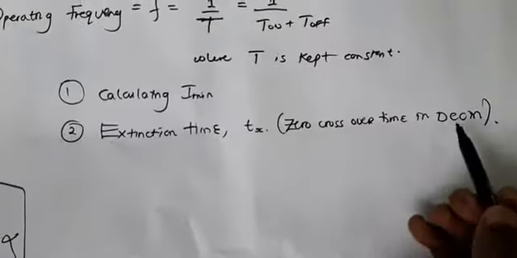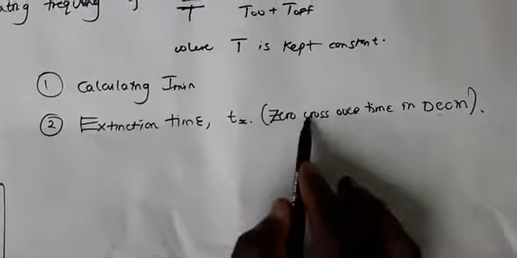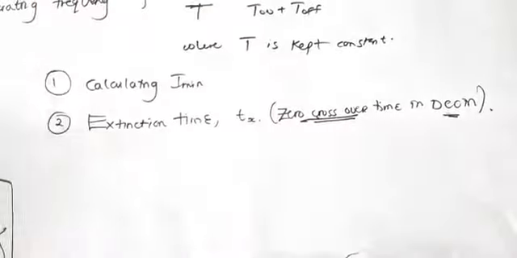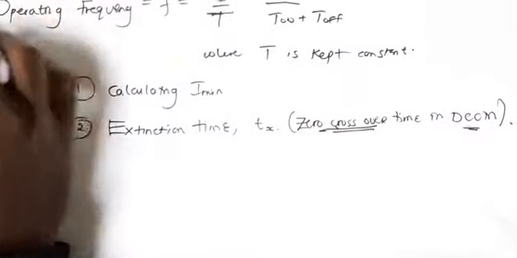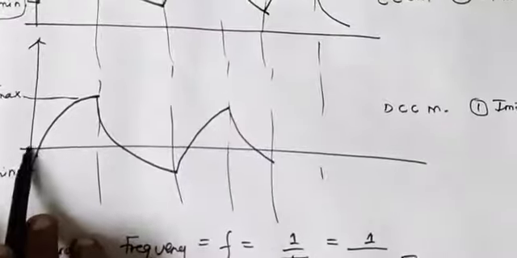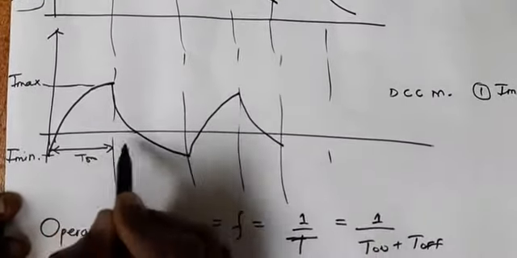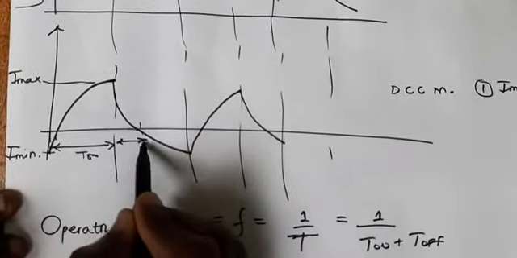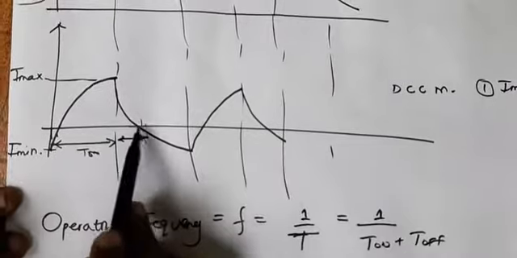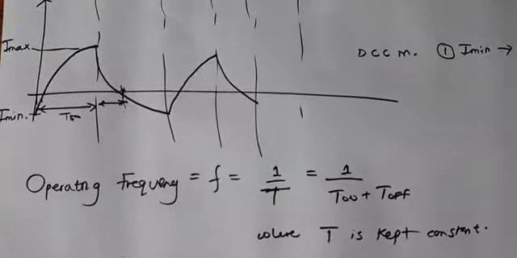The reason I'm saying discontinuous current conduction mode is because we only have a zero crossover in discontinuous current conduction mode. In this waveform, the extinction time is given by T on plus this time period here. So when you add T on to this time period, you get the extinction time, which is the zero crossover time.